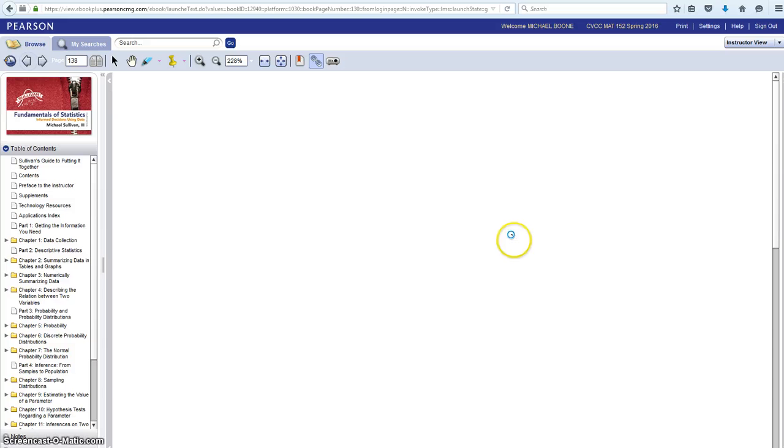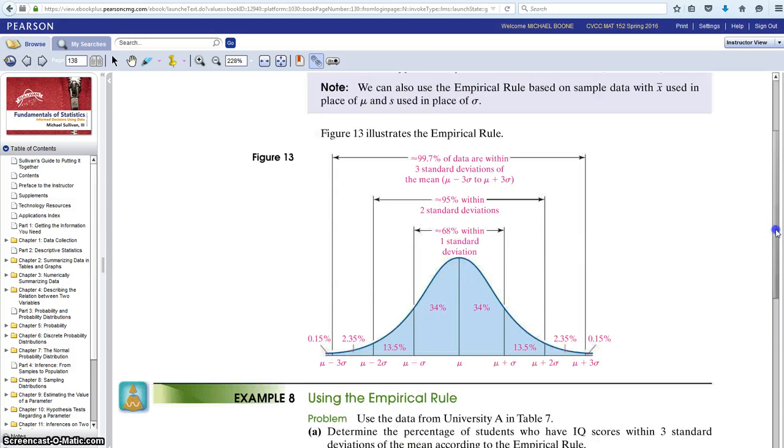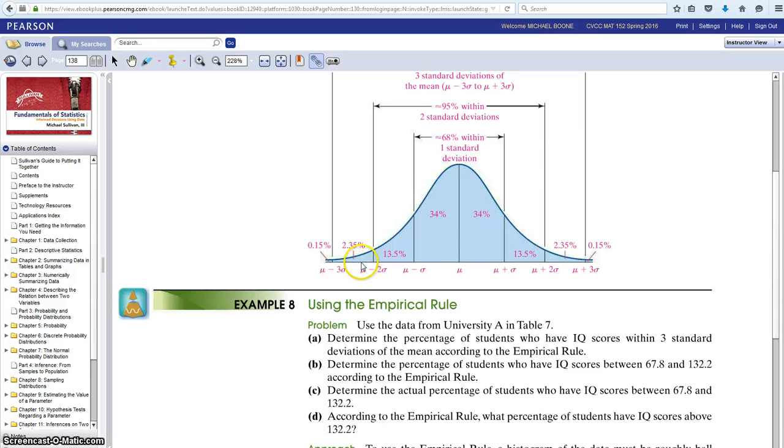Whereas on the normal, on one of these nice, beautiful symmetrics, if I'm plus or minus 2 standard deviations, I'm at 95%. So we can generalize with Chebyshev's if we have no clue about the shape of the distribution.